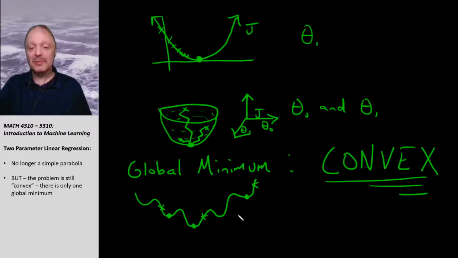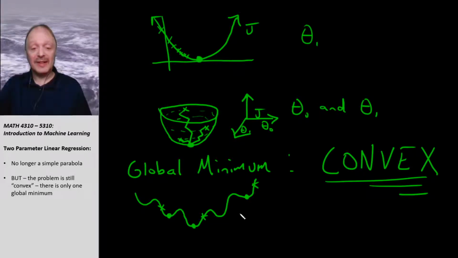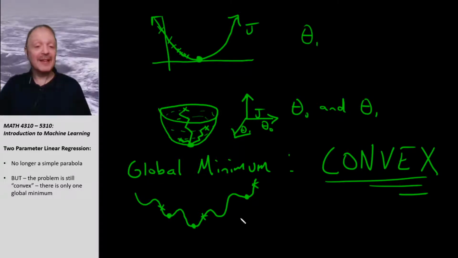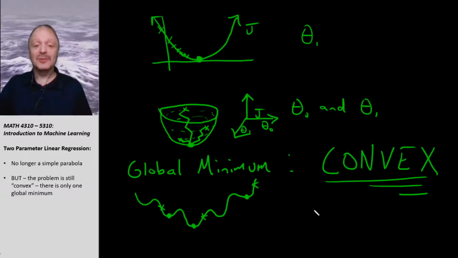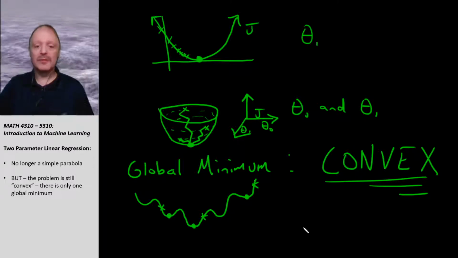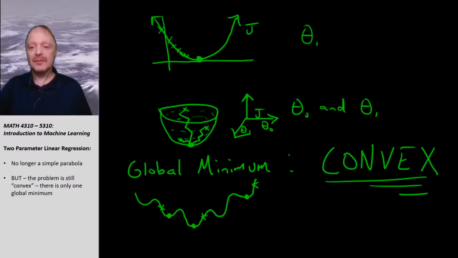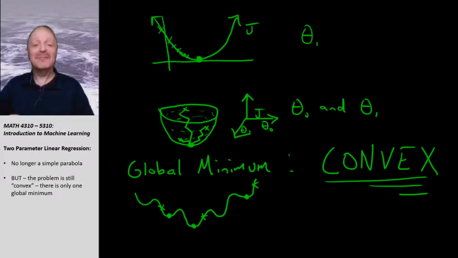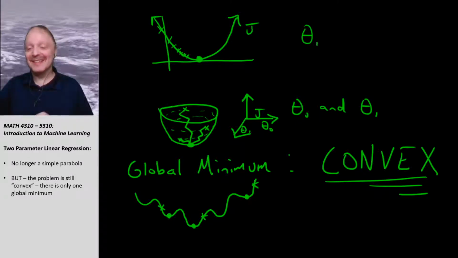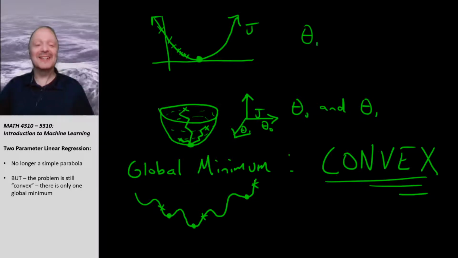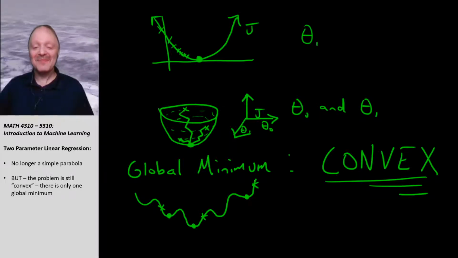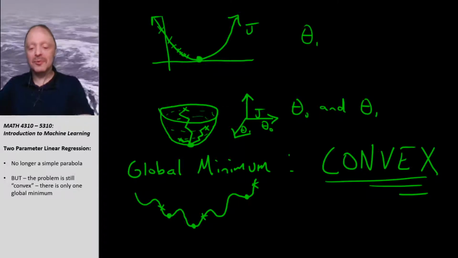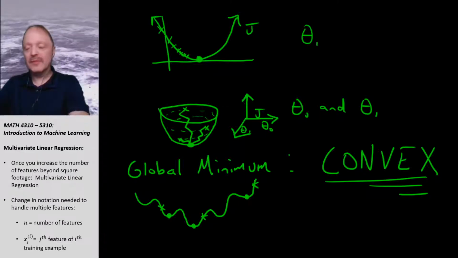So when a problem is no longer convex, your initial conditions can completely change what your results are, which is not something that you want in a robust algorithm. With that in mind, we are super happy that the 2-parameter linear regression, at least, is still convex. So that's a good thing. Alrighty, now let's move on to the next slide.